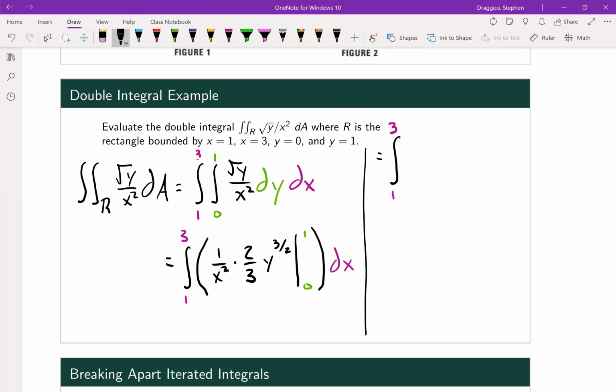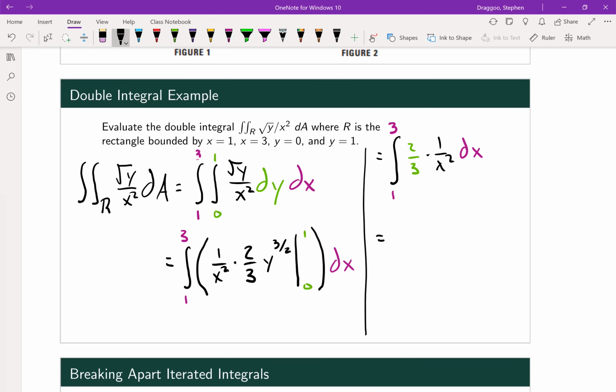So I think that the y component integrates out to 2/3 times 1 over x squared, and still with that dx. And now we should be able to integrate this last piece.